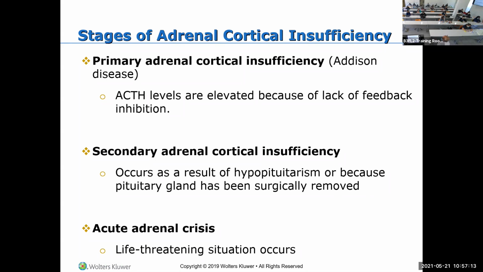In order to stimulate my adrenal cortex, we do need the help of what hormones? Pardon?